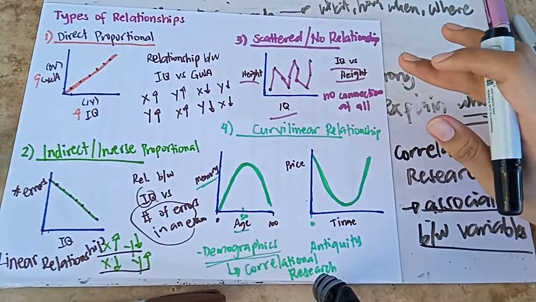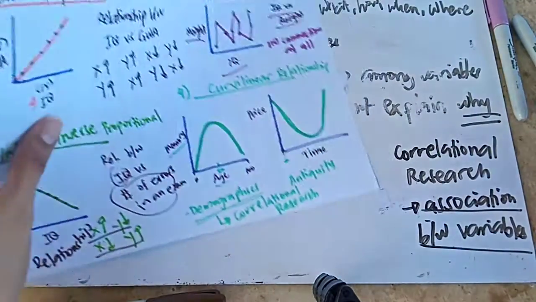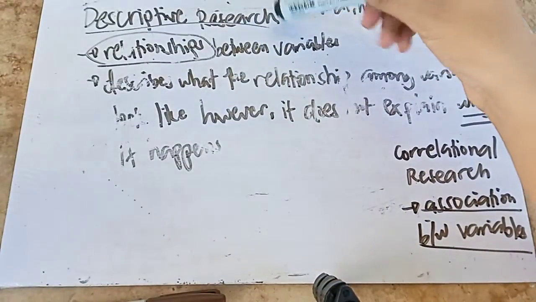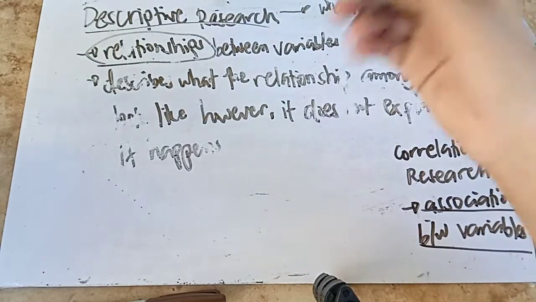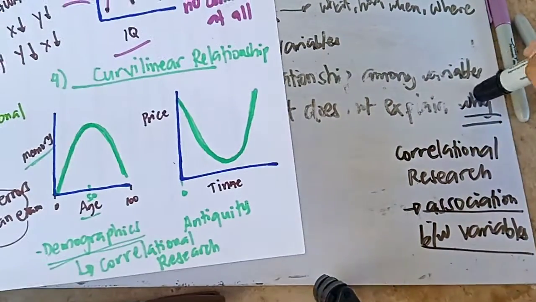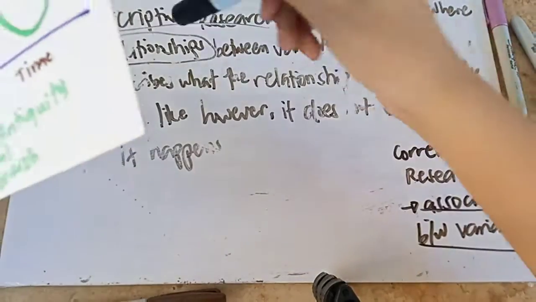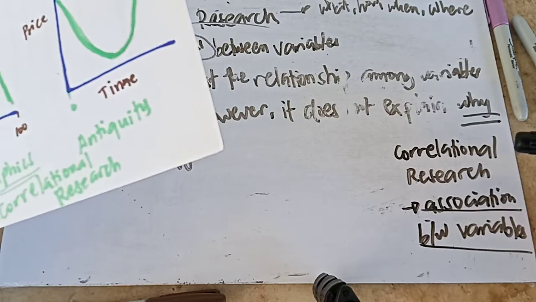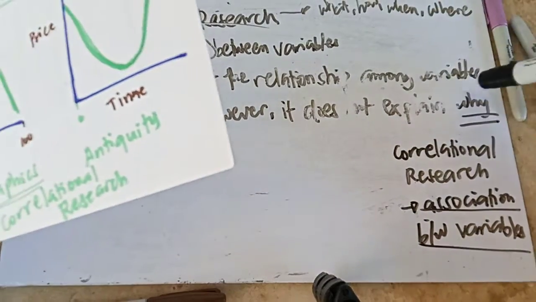That is the main essence of descriptive research. Let us have it once more. Descriptive research studies the relationship between variables. It describes what the relationship among variables looks like. However, it does not explain why. It only states if there is an existing relationship. It answers the questions what, how, when, and where, but not the question why.